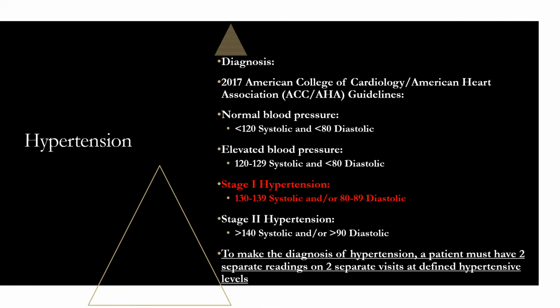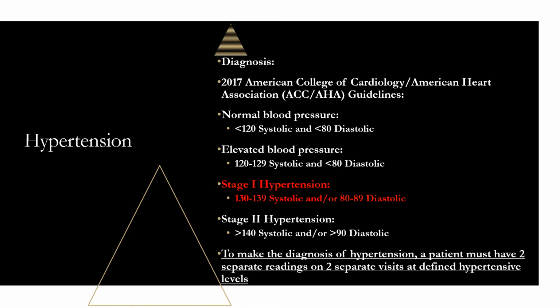Now, it's important to note that you can't have a patient come in, you take their blood pressure, it's 150 over 90 and say, okay, you have hypertension, here's your medication, or here's your lifestyle changes we're going to implement. It doesn't work that way. You actually need two separate readings on two separate visits at the defined hypertensive level. So you don't just make it one time.